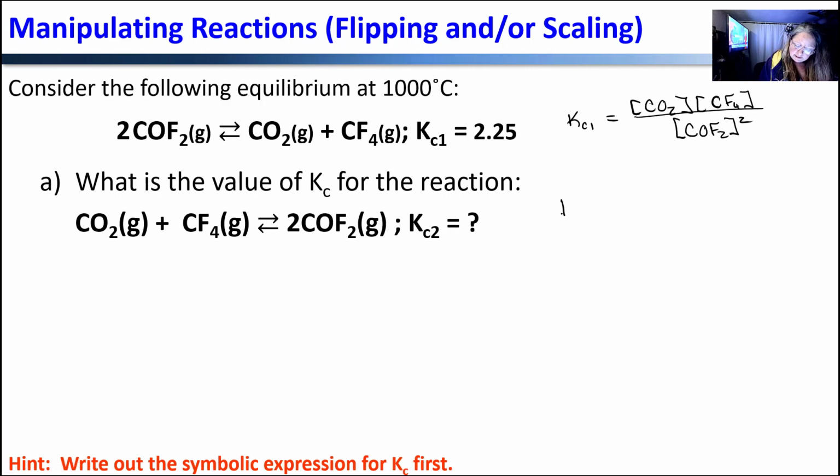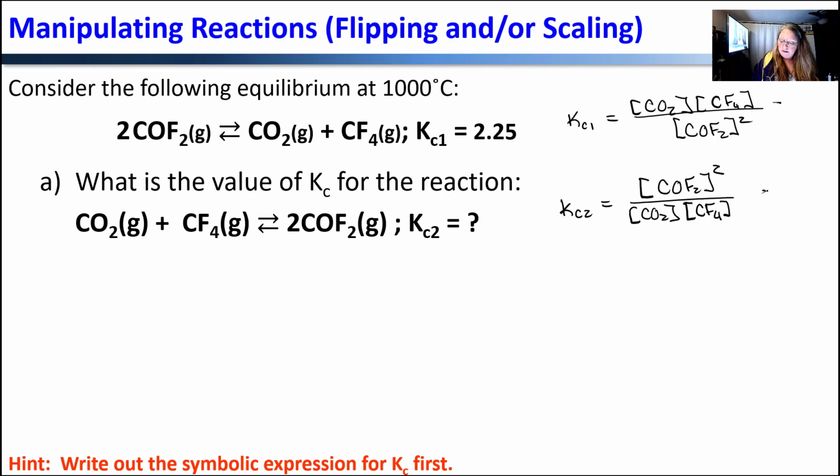Now what does this one look like? I have Kc2 is, let's see, COF2 squared divided by CO2 times CF4. So let's compare these 2 expressions. If I look at it, what have I done? I've just flipped my equilibrium expression here.